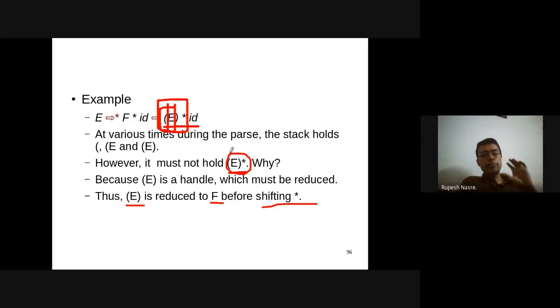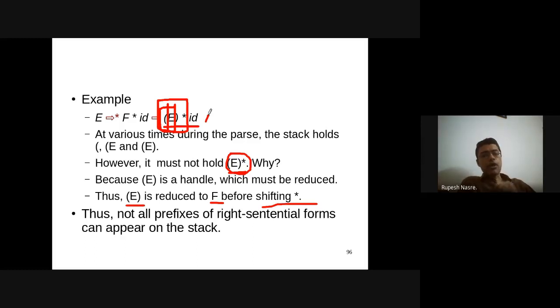So although it is a prefix of the sentential form, it is not a viable prefix. All the prefixes of right sentential forms need not appear on the stack at any point in time. Only the viable prefixes appear, and that is decided by when you apply the reductions.